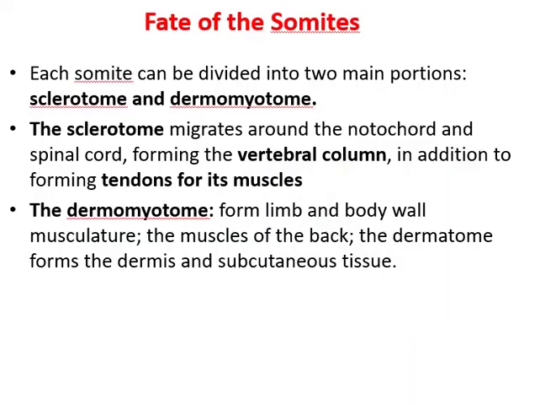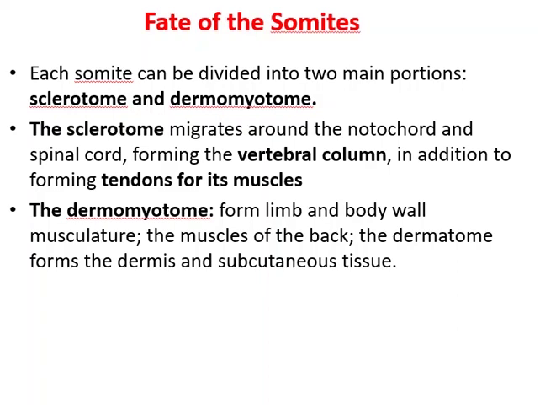The fate of somite: each somite can be divided into two main portions, sclerotome and dermomyotome. The sclerotome migrates around the notochord and spinal cord, forming the vertebral column.